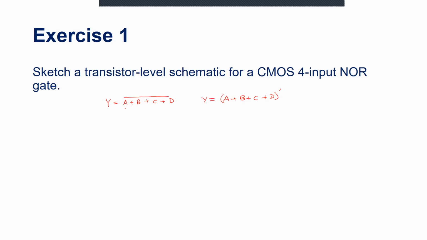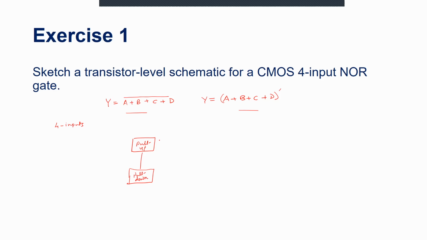So this is a Boolean equation, either this one or this one, and we know how to draw a transistor level schematic for this. We see that there are 4 inputs: A, B, C, and D. We start with the basic configuration: we have a pull-up network, and we also have a pull-down network.